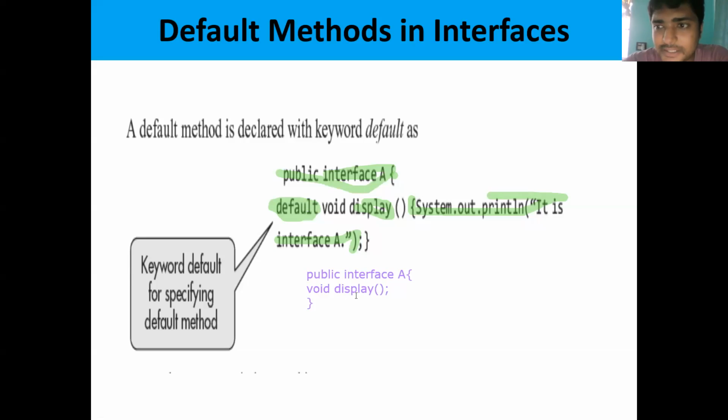If you want to write the method definition in the interface itself, then we will use the keyword default. Default is a non-access modifier. We can use default before the method name, then we can define the method in the interface itself. So this is the concept of the default method. Let us check the program for the default method.